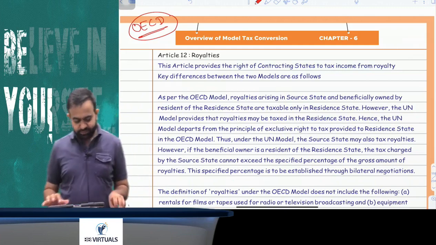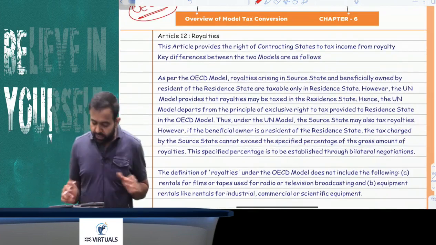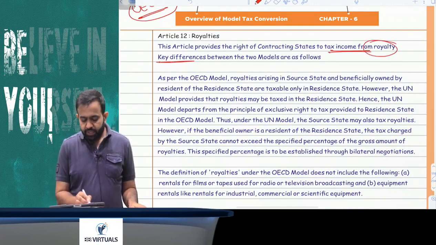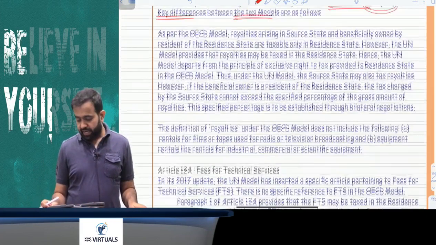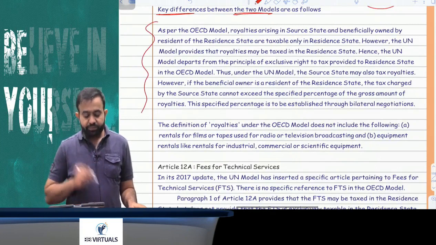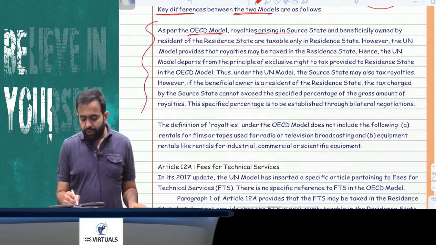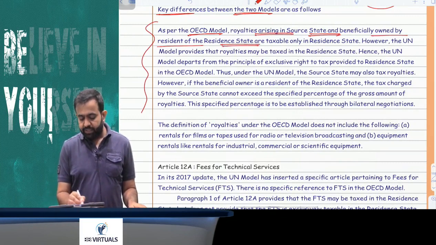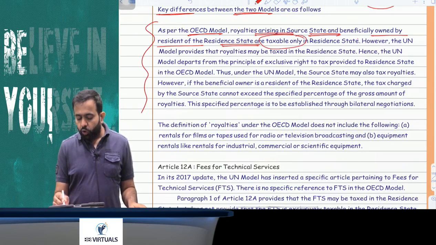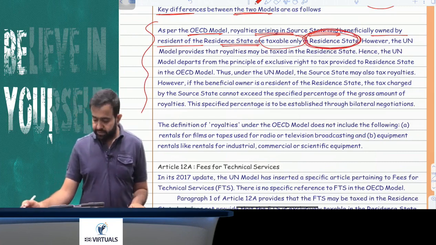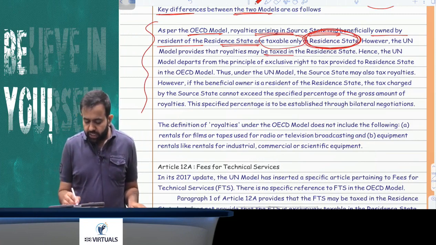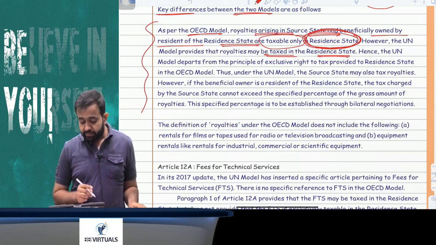Just pay attention. This article provides the right of a contracting state to tax income from royalty. The key difference between the two models is as follows. As per the OECD model, royalty arising in the source state and beneficially owned by a resident of the residence state is taxable only in the residence state.